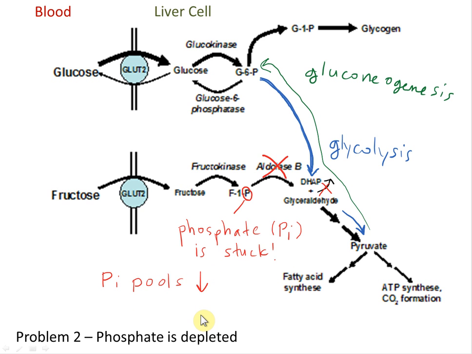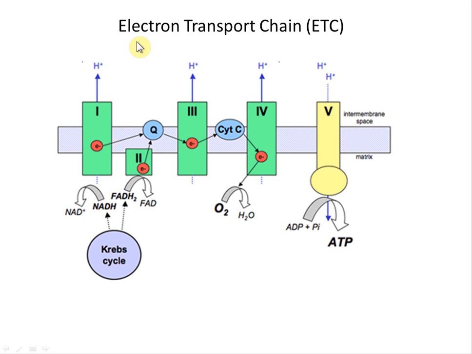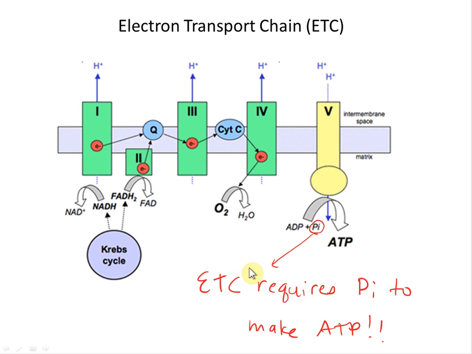Now, you might be thinking, okay, but why is that a big deal? Well, let's talk for just a minute about the electron transport chain. Do you remember this, the ETC? Well, our ATP synthase here is going to use our free phosphate to make ATP. So, because the electron transport chain requires phosphate to make ATP, if our phosphate pools are getting depleted, then the ability for the ETC to make ATP goes down.